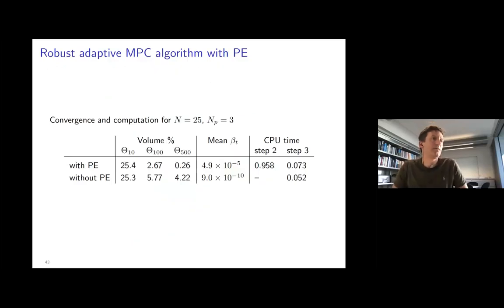The price that we pay for this improved identification scheme is basically increased computation. You can see that the extra step that was required to calculate the feasible bounds on the PE constraints is taking quite a significant fraction of the total time required to implement this controller.